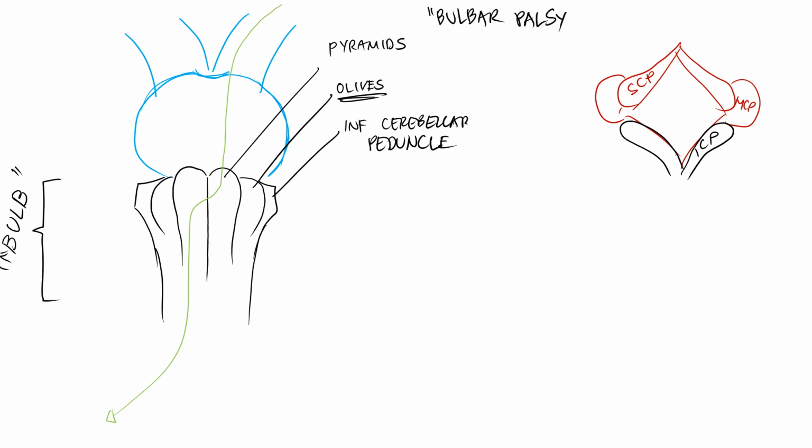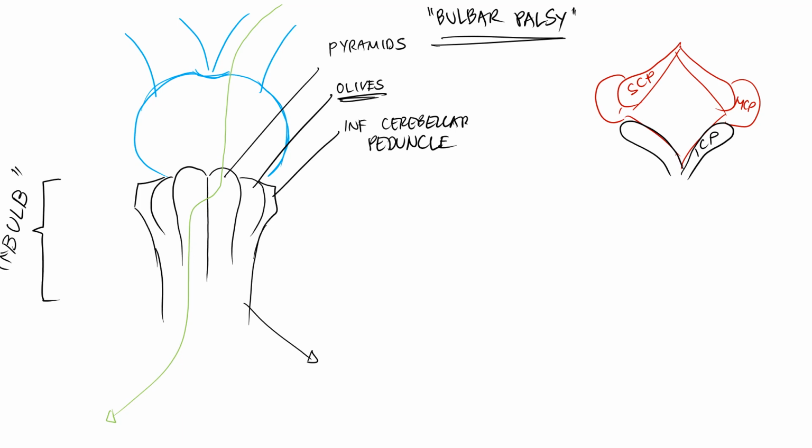When you hear about the bulb, you're basically pointing towards the medulla. Corticobulbar fibers means fibers going to the cranial nerves which deal with your muscles of swallowing. So when you hear about bulbar palsy, remember your medulla.